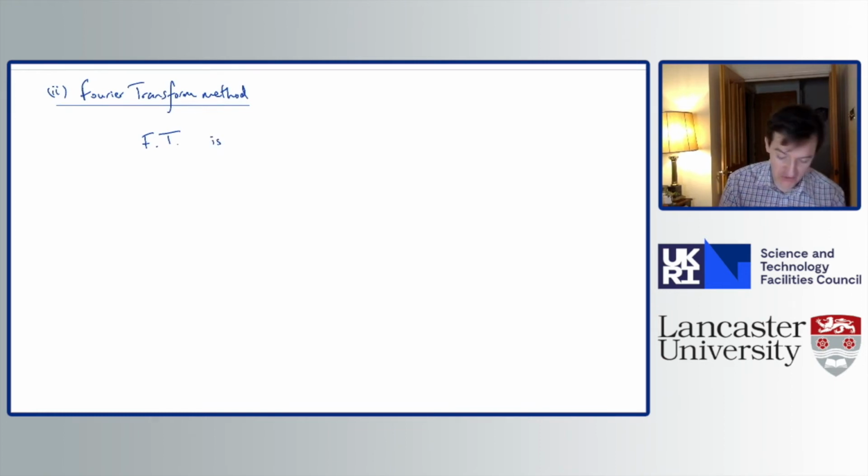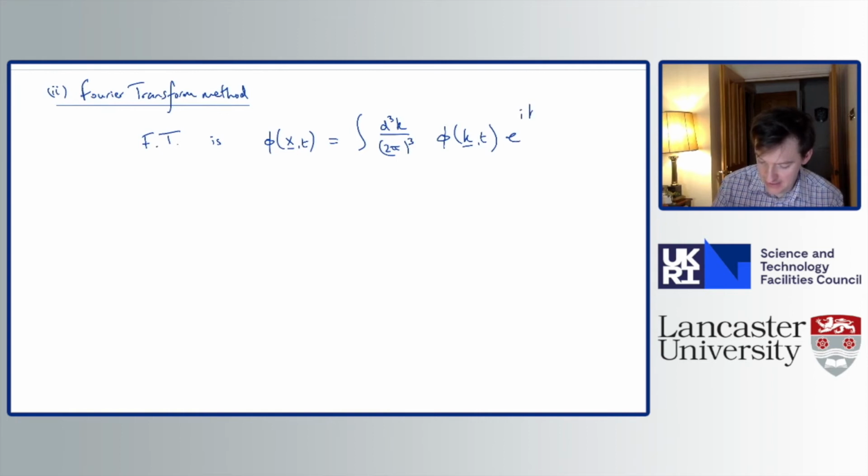The Fourier transform of the field: we can decompose it into Fourier modes labeled k, t, e to the i k dot x. Notice here we're integrating over the three components of x. So in my exponent I have e to the plus i, 3-vector k dotted into 3-vector x.